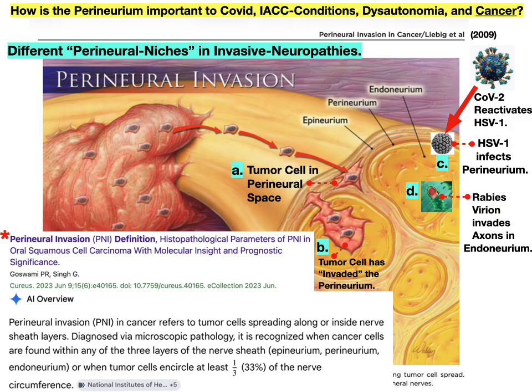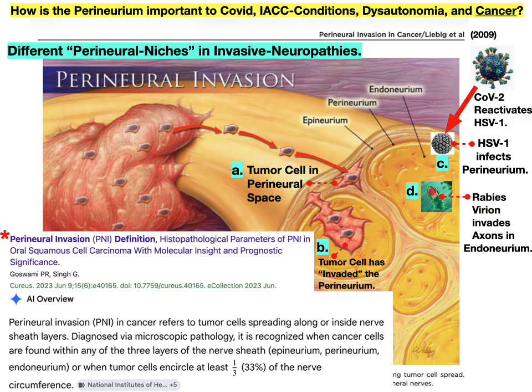Perineurial invasion in cancer refers to tumor cells spreading along or inside nerve sheaths. Diagnosed via microscopic pathology, it is recognized when cancer cells are found within any of the three layers of the nerve sheath, the epineurium, the perineurium, and the endoneurium, or when tumor cells encircle at least one third of the nerve circumference.